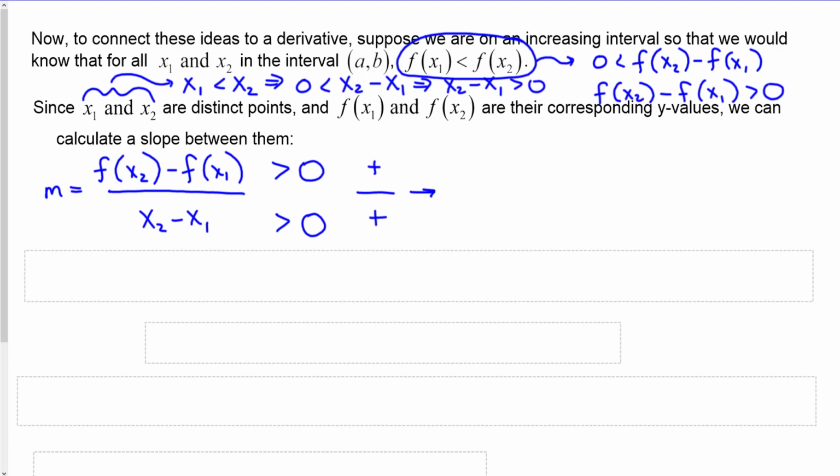So the result is always a positive slope. And that's the important thing here: when you are on an increasing interval, the secant lines always result in a positive slope. If you're on a decreasing interval, the secant lines, through a similar argument, can be shown to always have a negative slope.